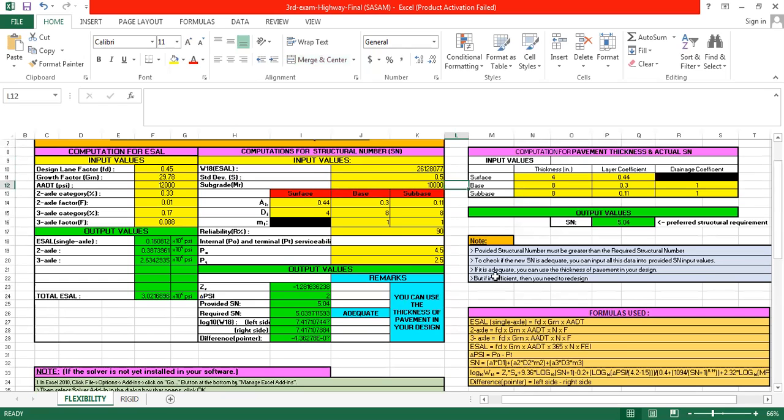If it is adequate, you can use the thickness of pavement in your design. However, if it becomes insufficient, then we need to redesign again our computation for the pavement thickness and actual Sn.